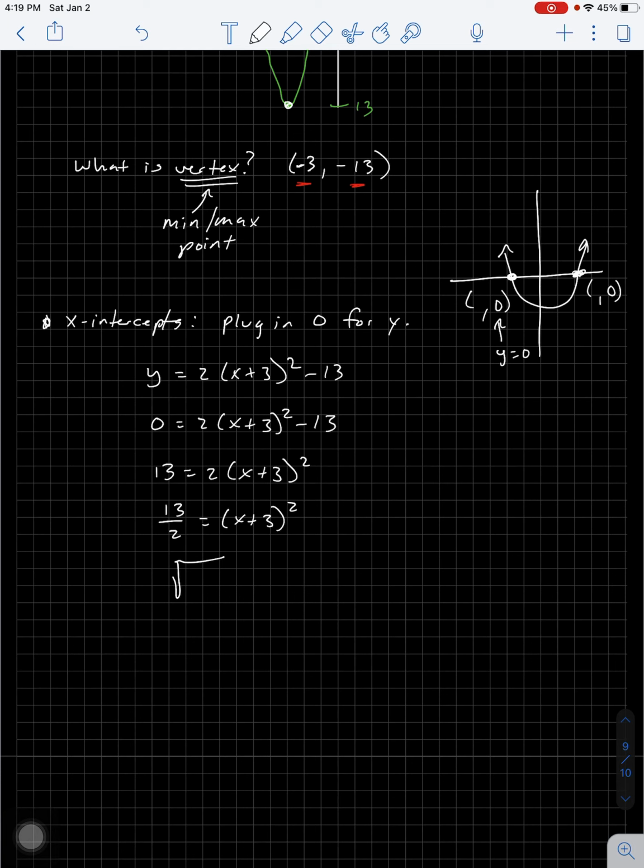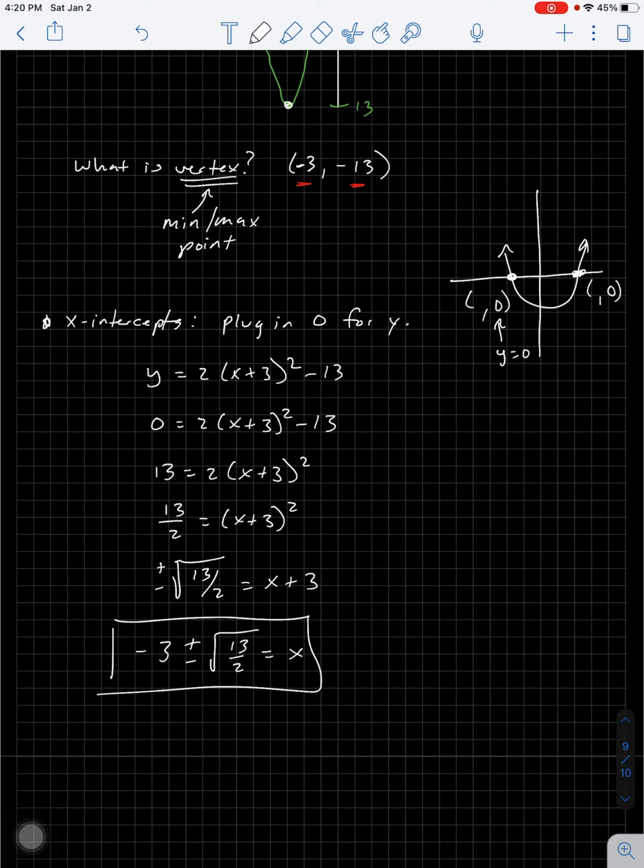Now when you square root both sides of an equation, you have to put plus or minus, and then you're going to subtract the 3 over. So I get minus 3 plus or minus the square root of 13 halves equals x. These are the x-intercepts. And if you put them in decimal form, they should match what you see on Class Calc. You've got negative 3 plus that square root and negative 3 minus that square root.